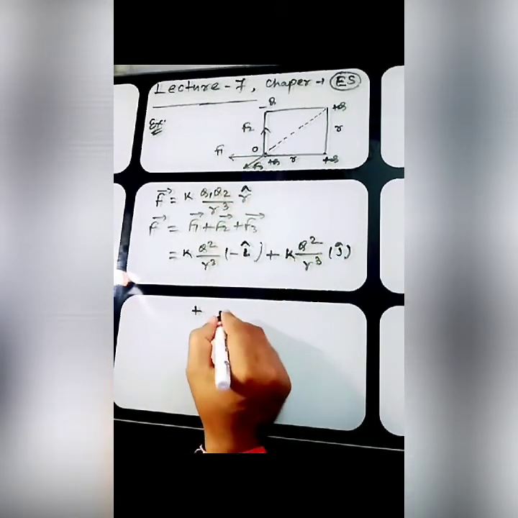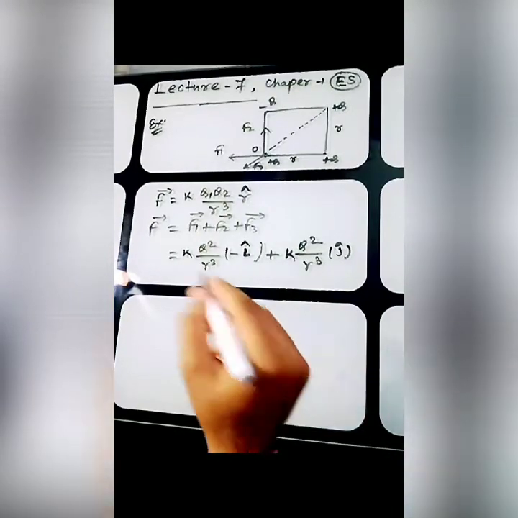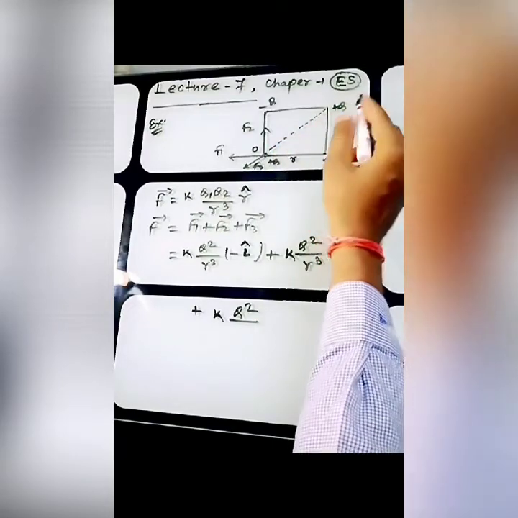this force, it is F3: K Q square divided by, what will be the magnitude of this distance?